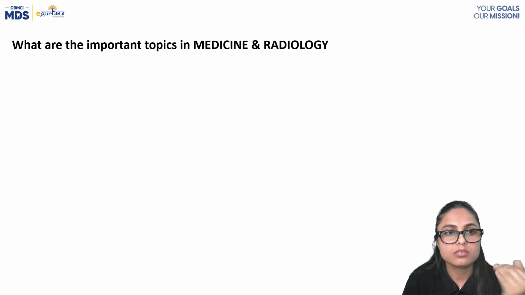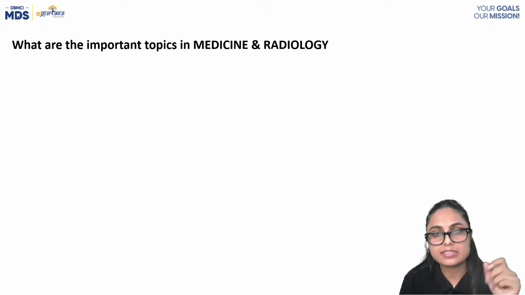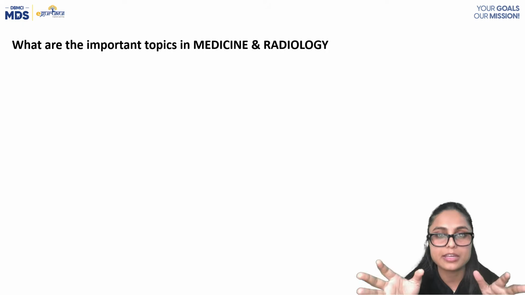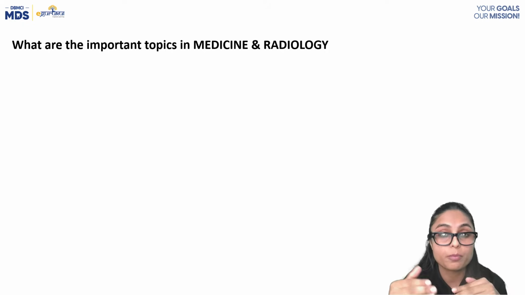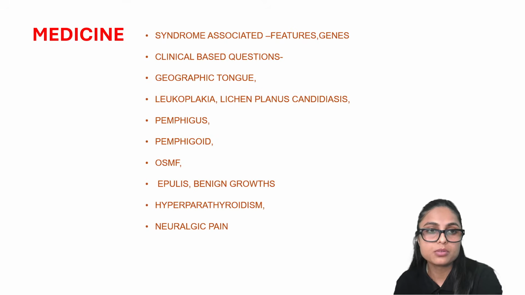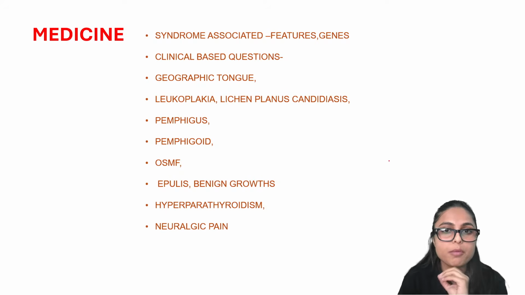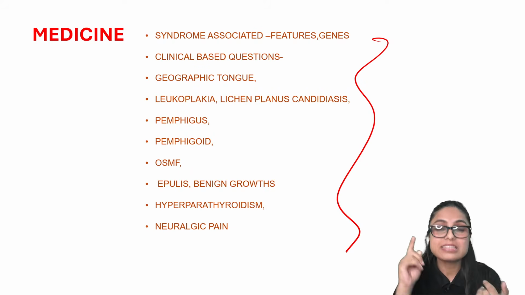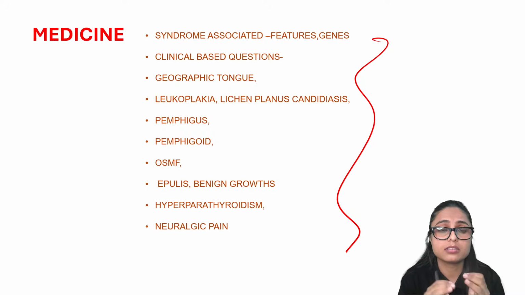Many of you had submitted this question: important topics for medicine and radiology, or the most important topics that we need to study in this 1 month. So I'm going to give you the most important, must know topics from medicine and from radiology. From medicine, the syndrome based question is very important, and this has got highest mark potential.